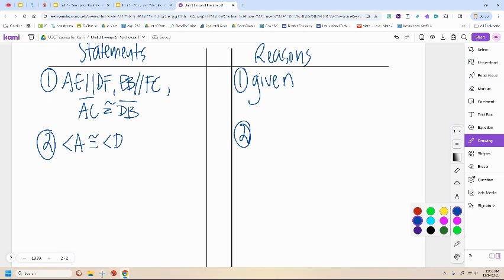If you want something shorter than what I gave you, you can say parallel lines make congruent alternate interior angles. That's a little bit shorter, and it sounds a little bit more like perpendicular lines form congruent right angles. Does that make sense?